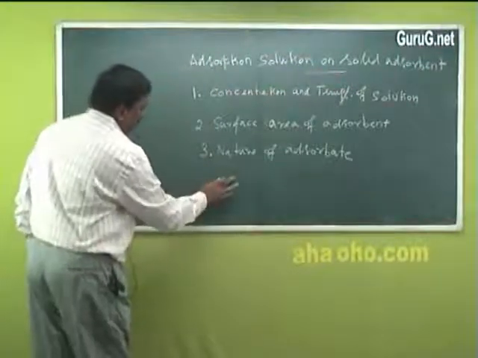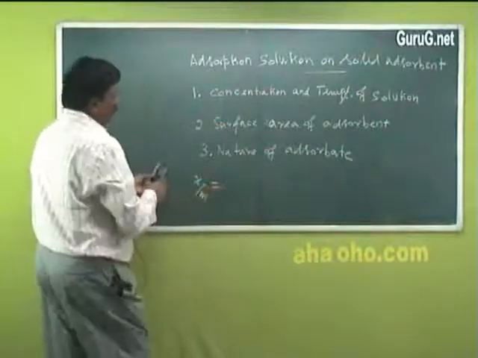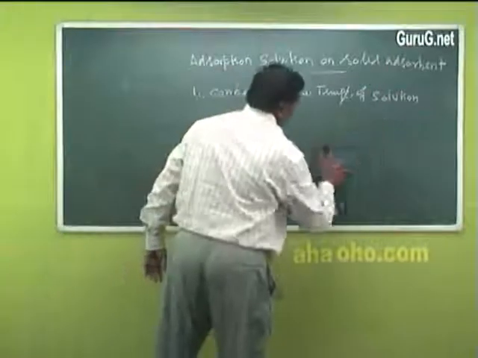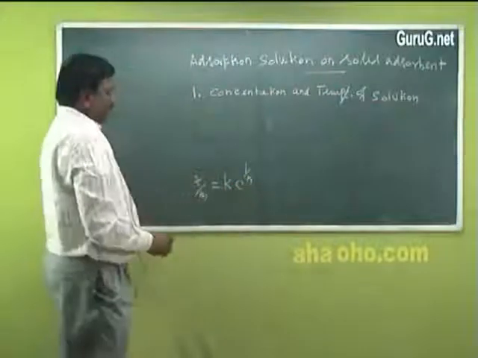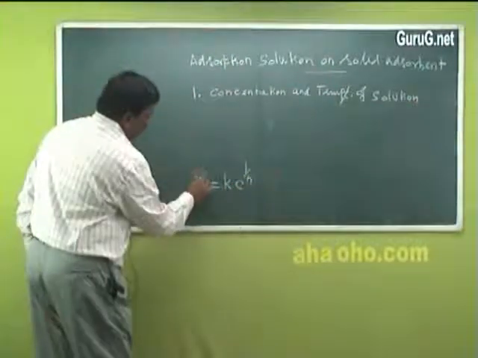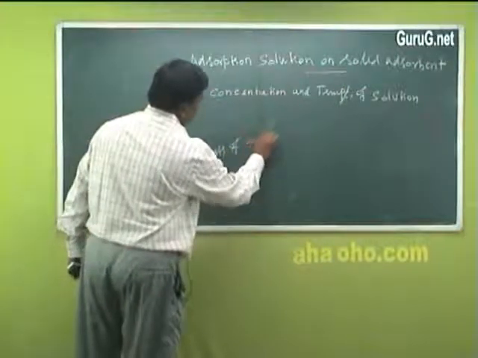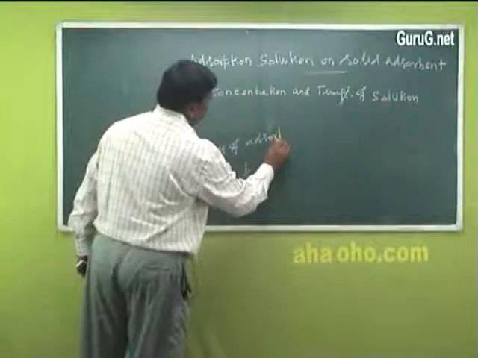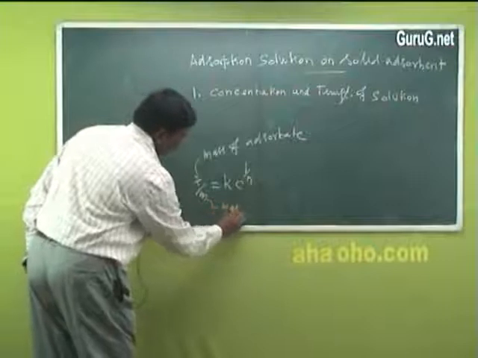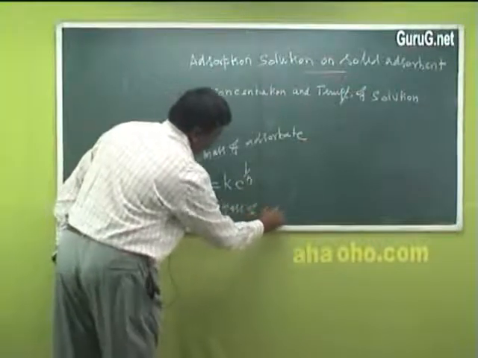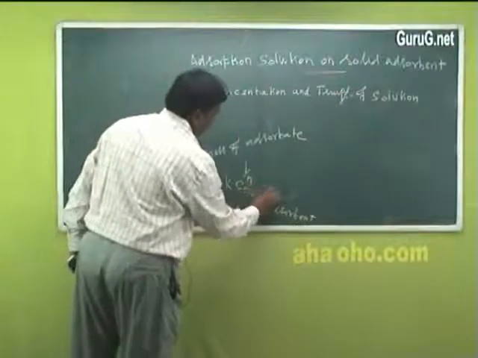When you take the Freundlich adsorption isotherm, X by M is equal to K into C power 1 by N. X is the mass of adsorbate, M is the mass of adsorbent, C is the concentration of solution.